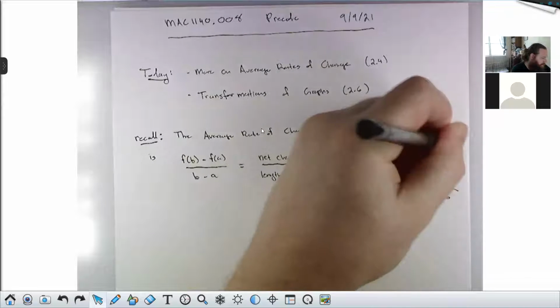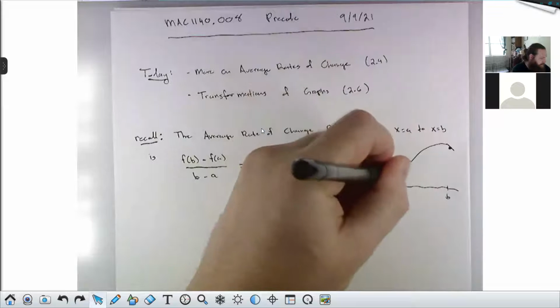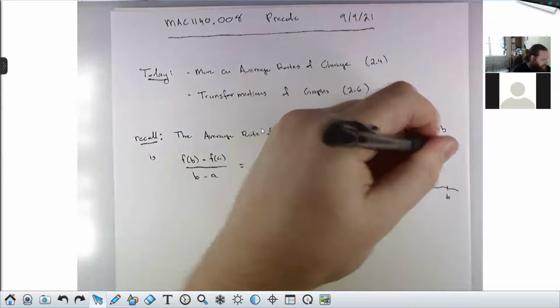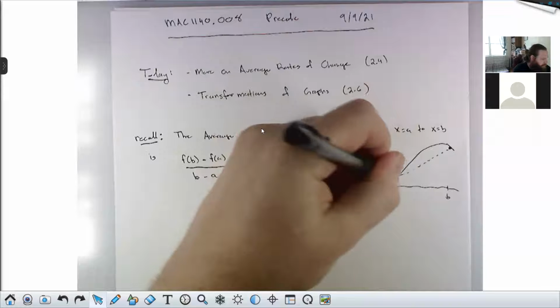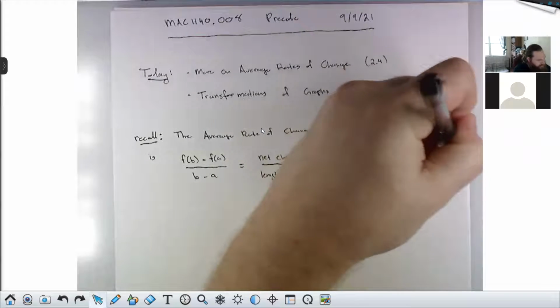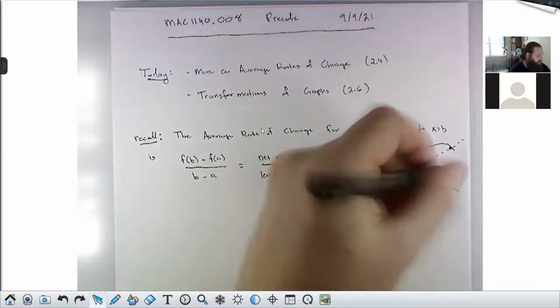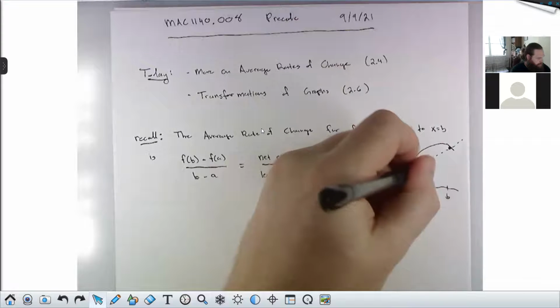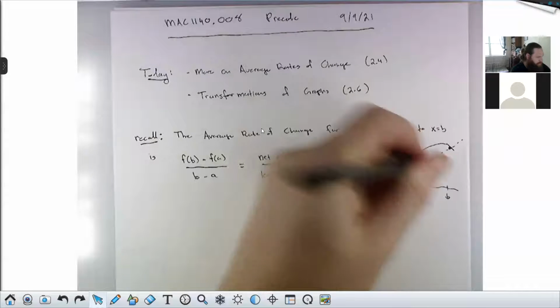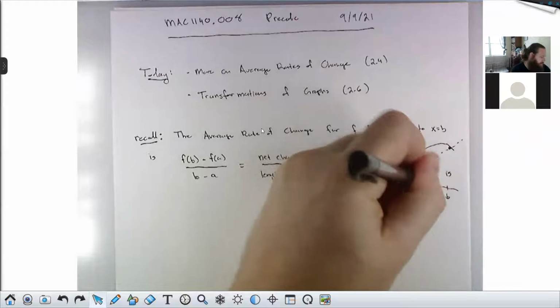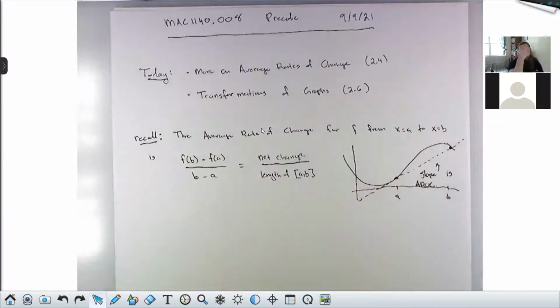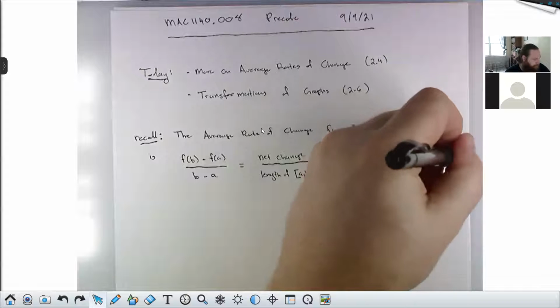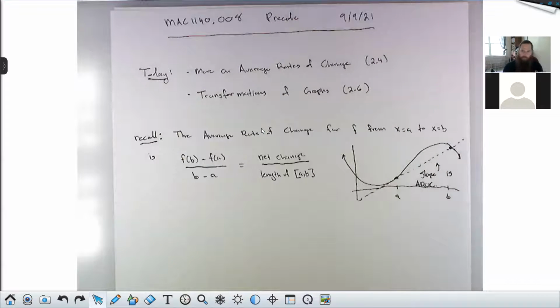If B is over here and A is over here, the slope of this secant line is our guy, right? That slope is the average rate of change. Okay. You've had plenty of problems to work on this, and I trust that everybody is fairly comfortable looking at expressions of this form, simplifying them, evaluating them, doing the necessary bits of algebra.